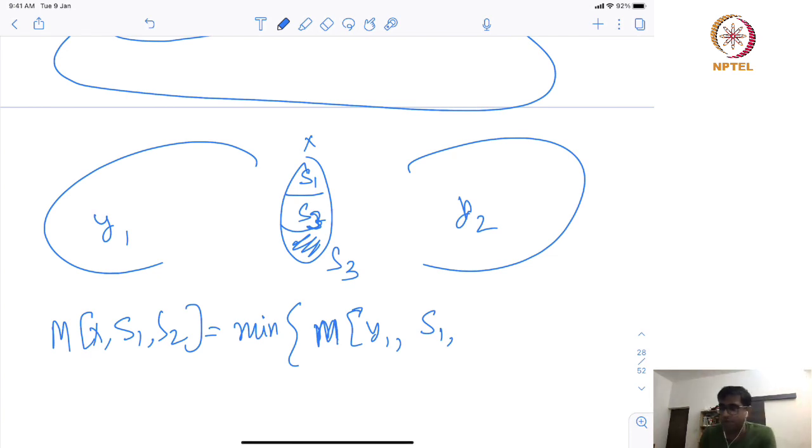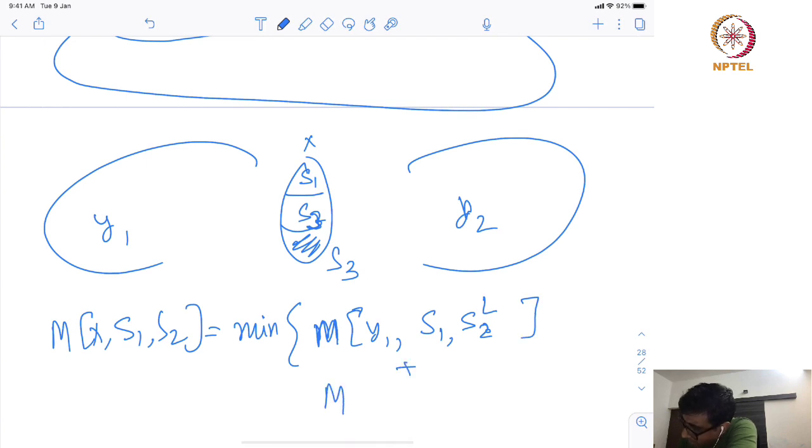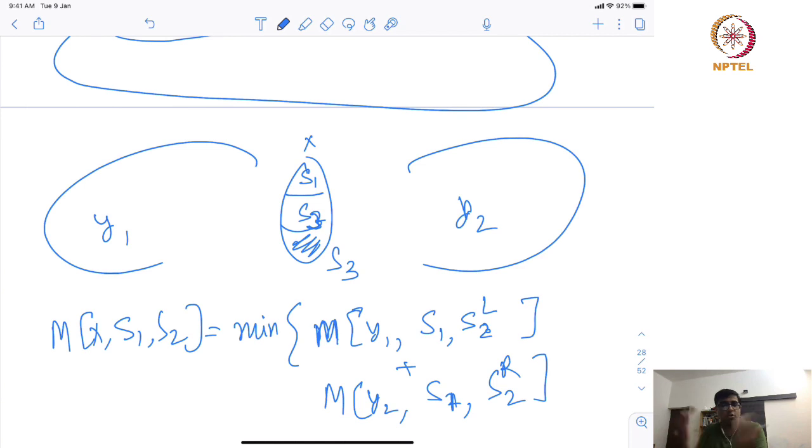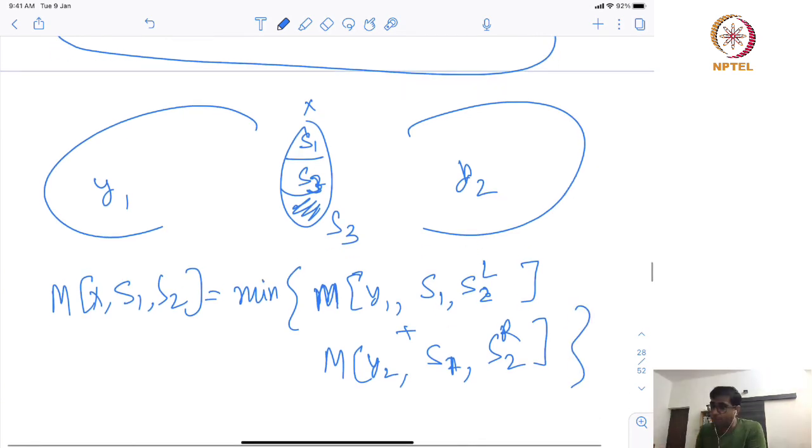Maybe some of these vertices should be dominated from the left side, some may be dominated from the right side. So, what I will do, M Y1 S1, S2 left, plus M Y2 S1, S2 right, or maybe both, I do not care. Maybe you are dominated from both. So, basically you have to go through all such possibilities and take the minimum.